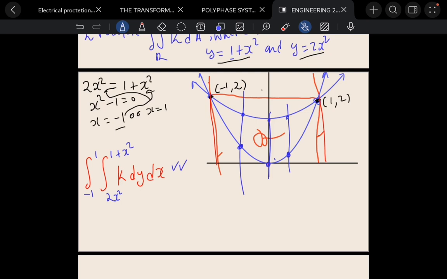Right, the next one, it's not that simple, but make sure you understand where I'm going with it. I'm saving others for changing the order of integration.